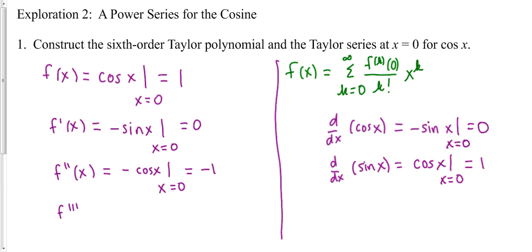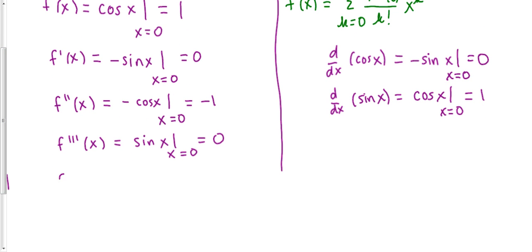So our third derivative is going to be sine x. And when we evaluate that at x equals 0, we'll get 0, just as we suspected. Our fourth derivative is then going to be cosine x. We're going to evaluate that at x equals 0. And again, that's going to give us 1, our alternating signs.